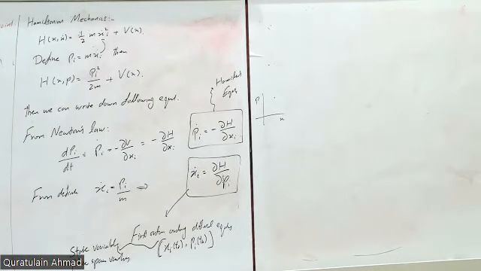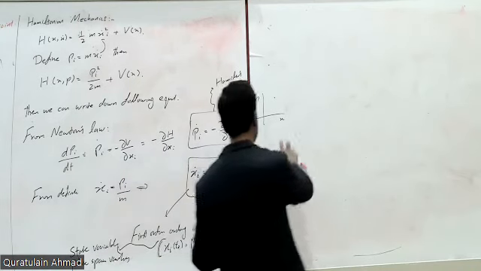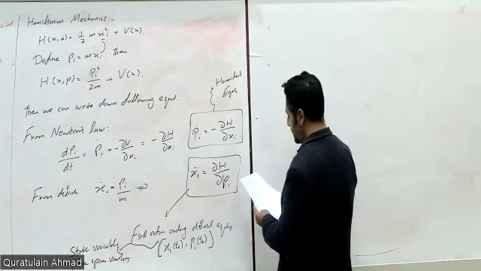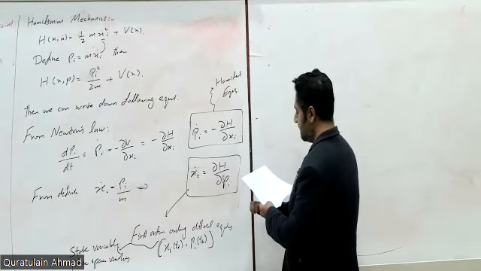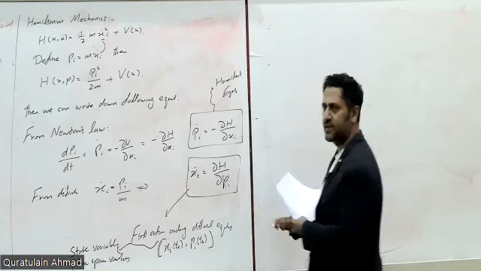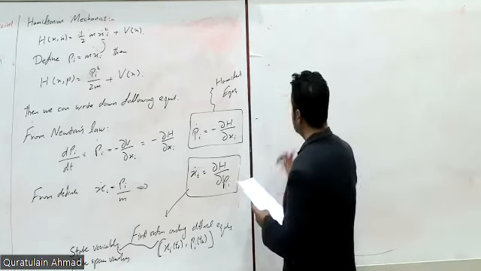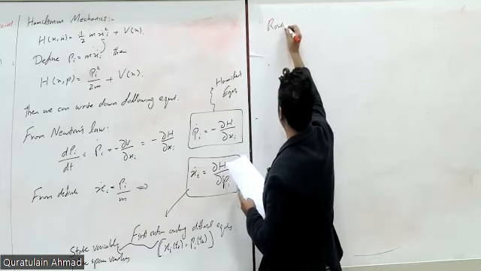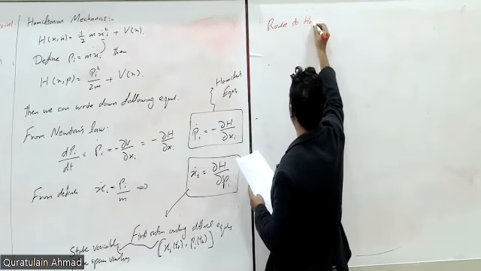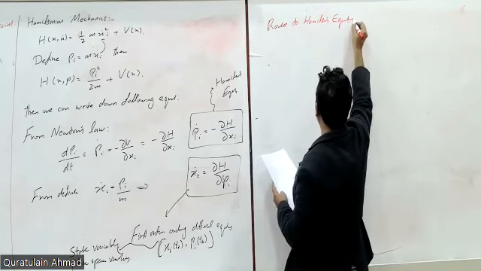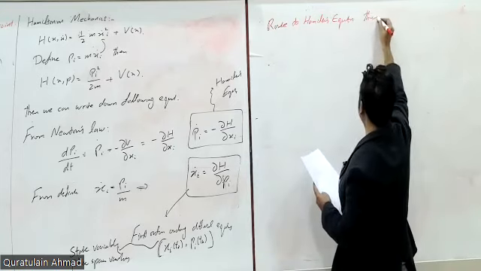This is through the Legendre transformations. You can do these transformations to a lot of things, but I'm just going to do it specifically to the Lagrangian. So a route to Hamilton's equations from the Lagrangian.